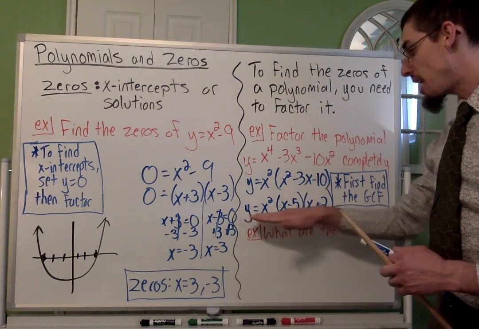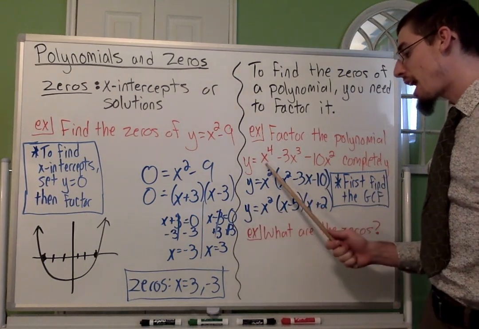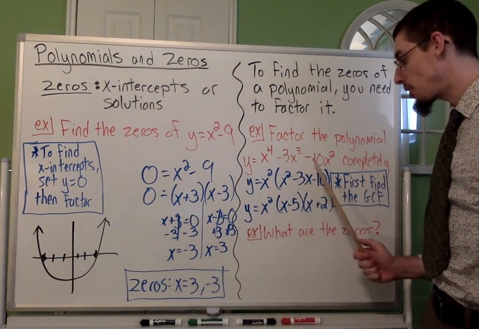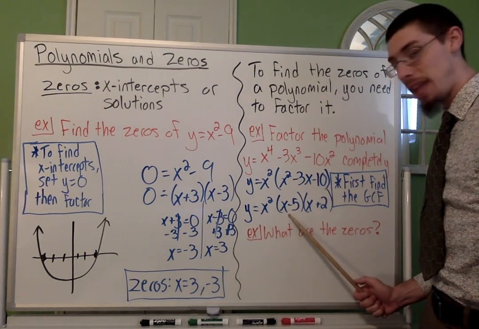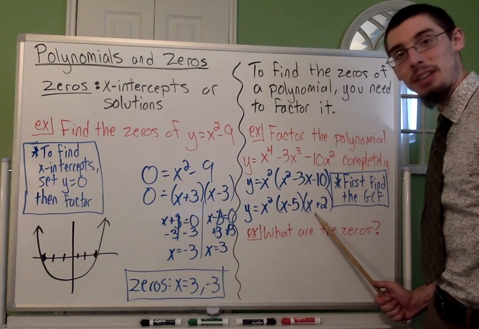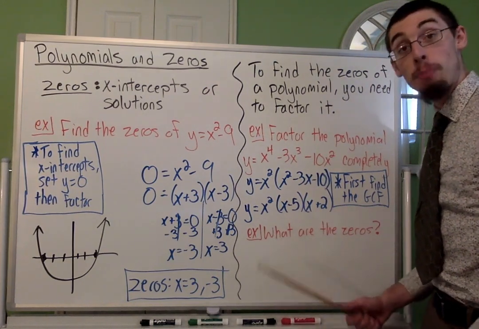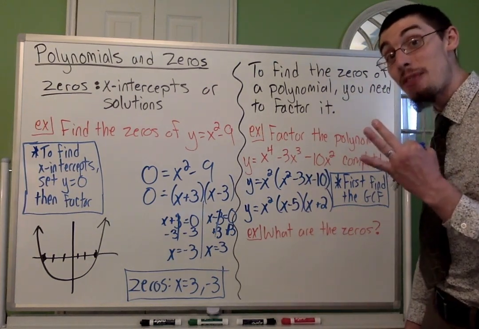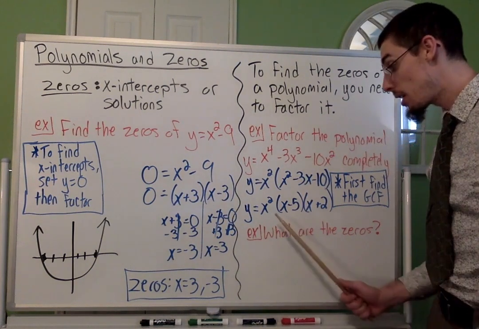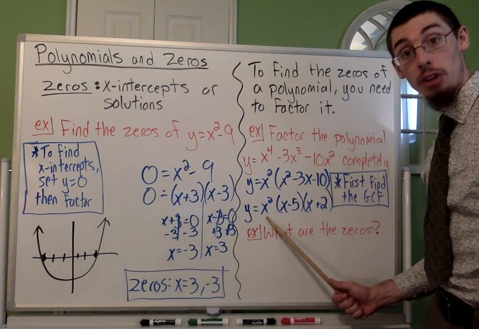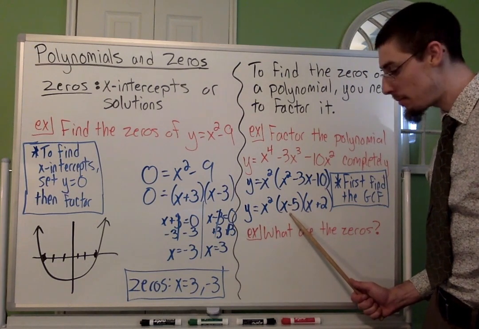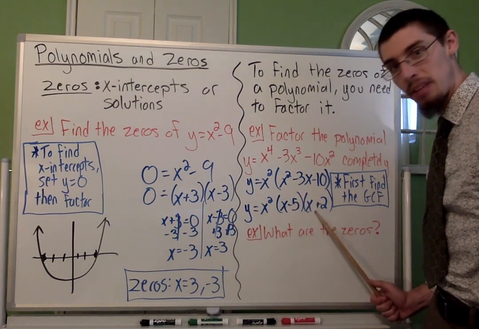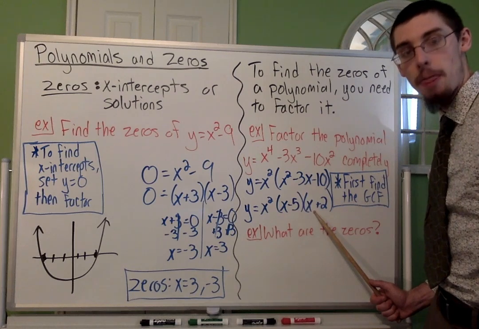So, the end result from factoring x to the 4th minus 3x cubed minus 10x squared is x squared times x minus 5 times x plus 2. So I've broken it down into 3 factors this time, right? X squared is the first, times x minus 5 is the second, times x plus 2 is the third.